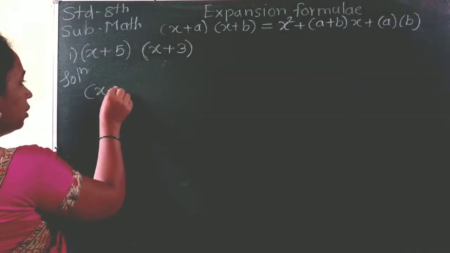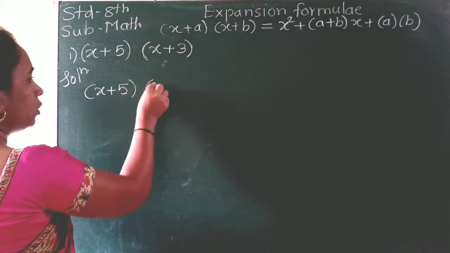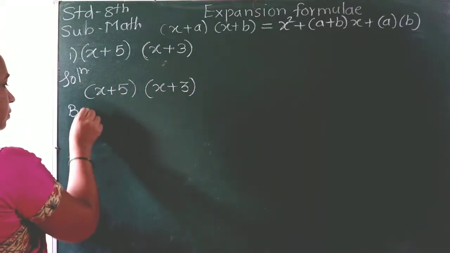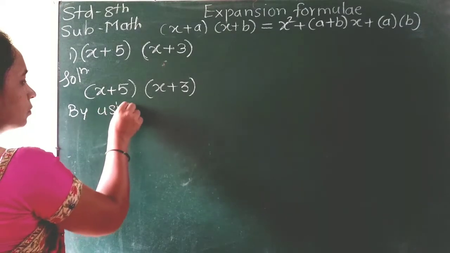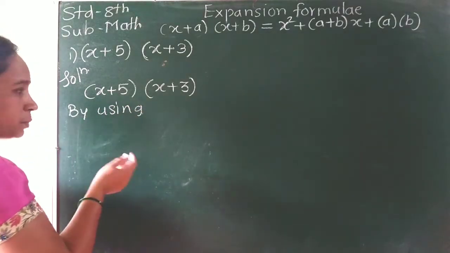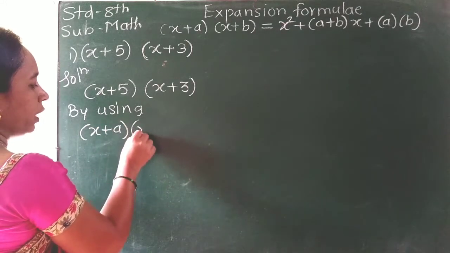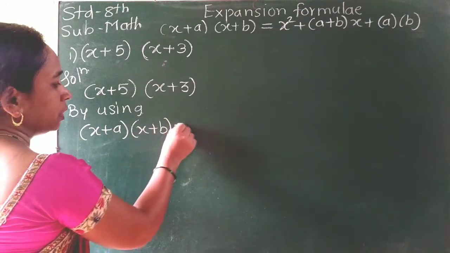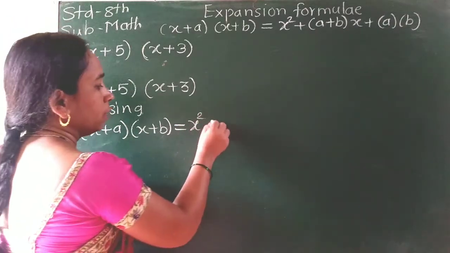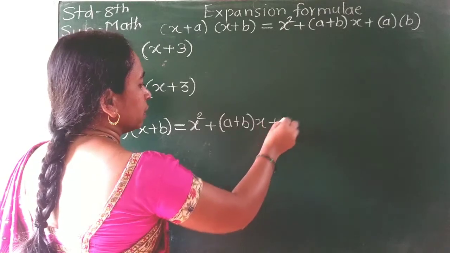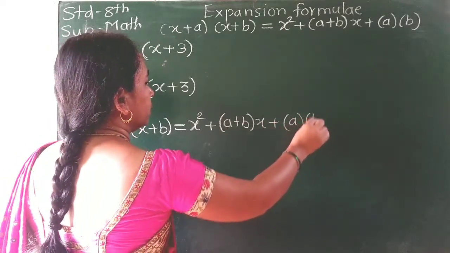Solution: (x + 5) into (x + 3). By using the expansion formula, (x + a)(x + b) is equal to x square plus (a + b) into x plus a into b.